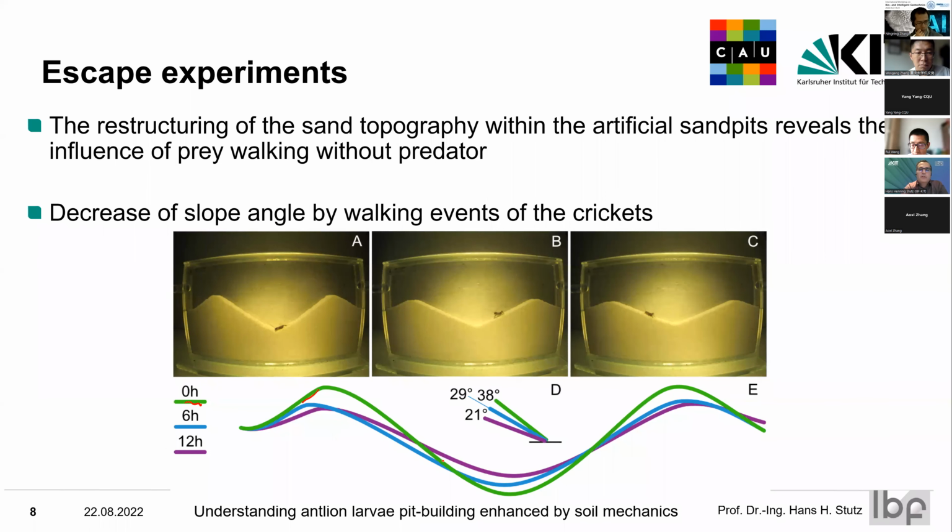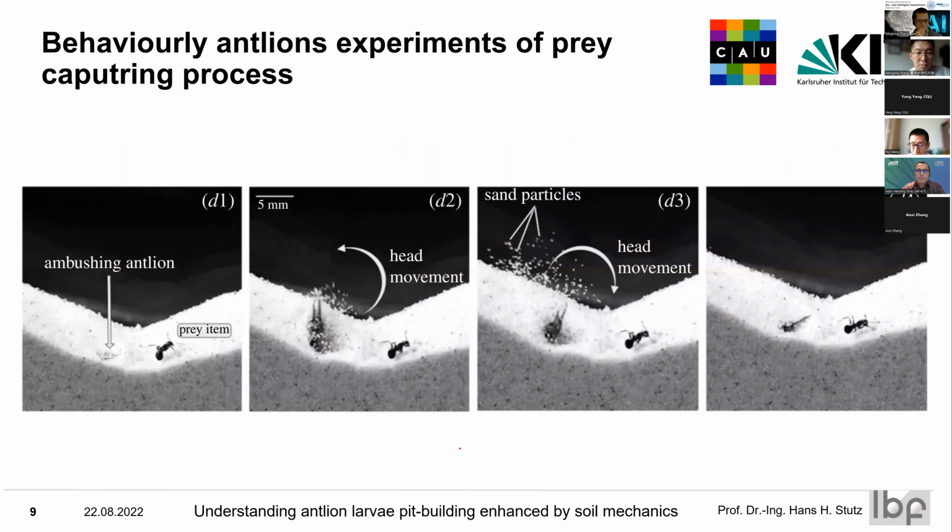After 6 hours it has flattened out already to a certain extent, and after 12 hours it was much less, only from the cricket walking over the sand. So from that our hypothesis was, okay, there must be some good point for the antlion to keep the pit as unstable as possible.